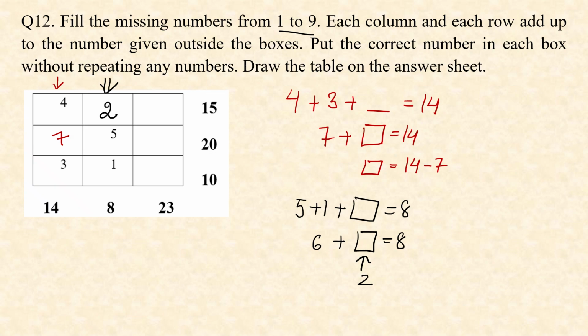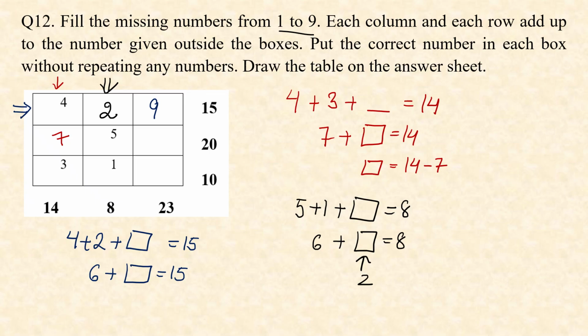Now you can pick any row. I'm taking the first row. 4 plus 2 plus box is 15. 4 plus 2 is 6, plus box is equal to 15. So what should the number be? 6 plus what gives you 15? That is 9.